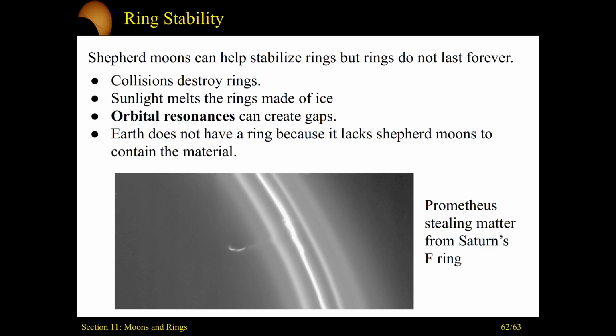Other things they can find in terms of stability of the rings, look at the gaps. These can be produced by a process called orbital resonances. Think of vibrations. You have an object and you get it to resonate. This is very well known for any musicians out there.